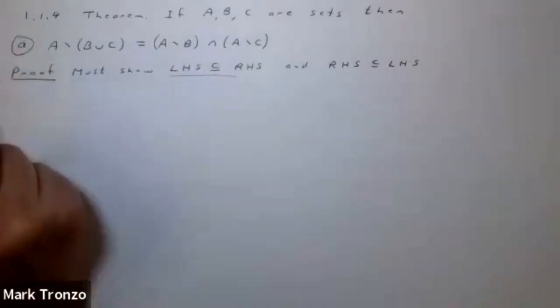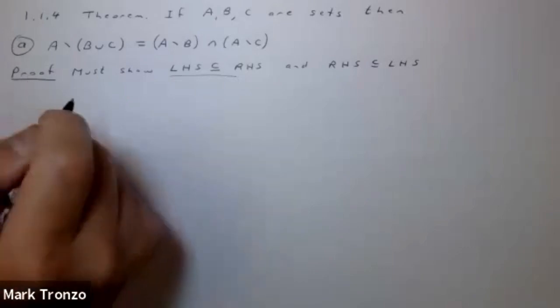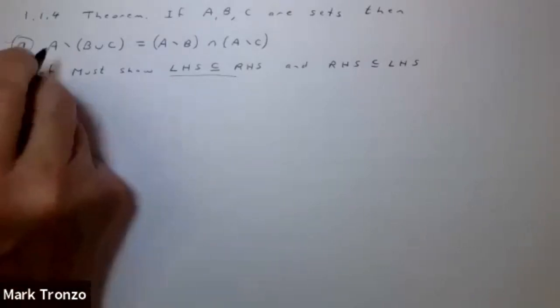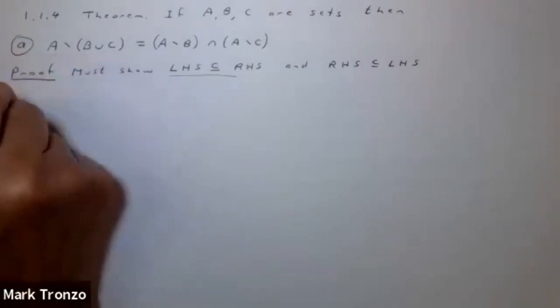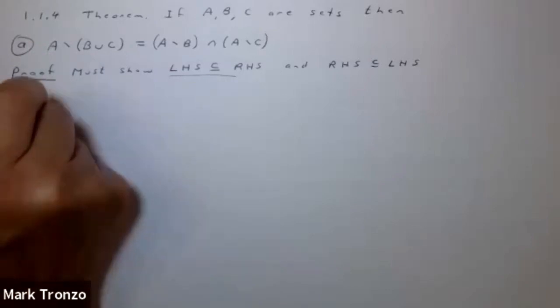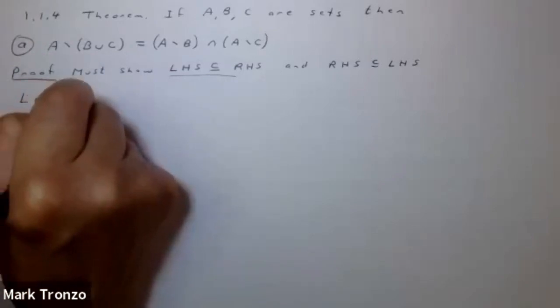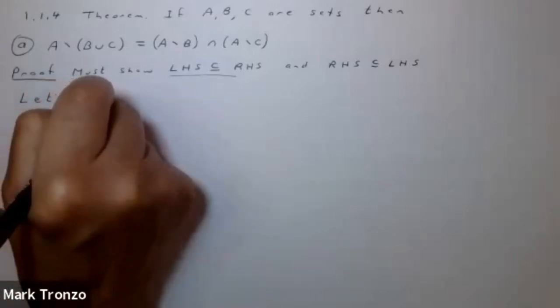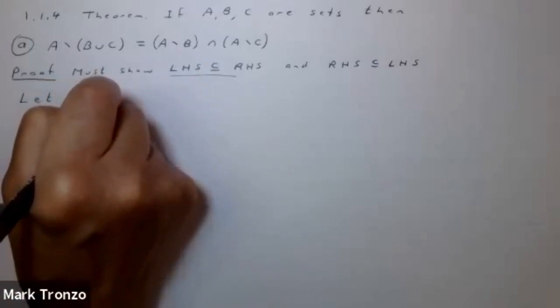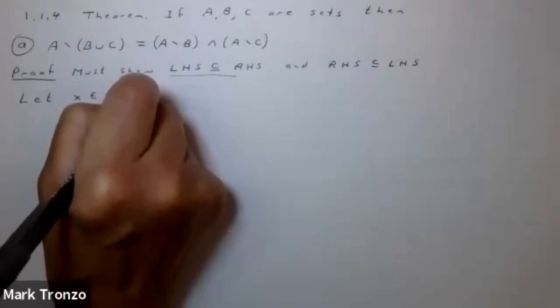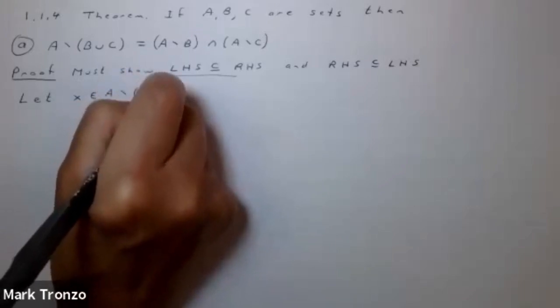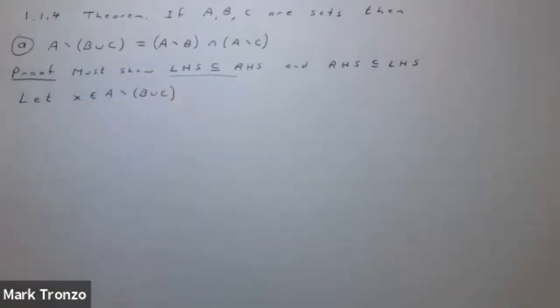And so again, usually how you do this is first we let something be an element of the left-hand side. Let x be an element of A complement B union C, like this.